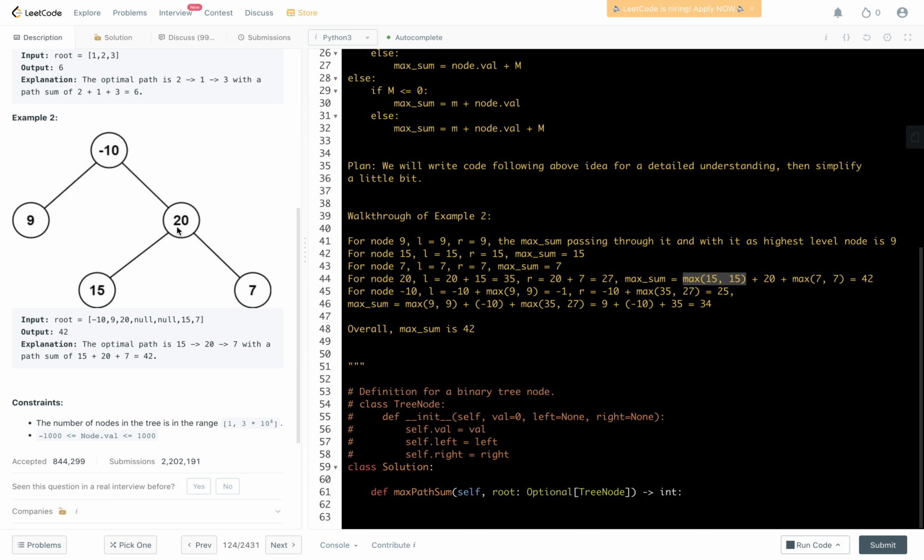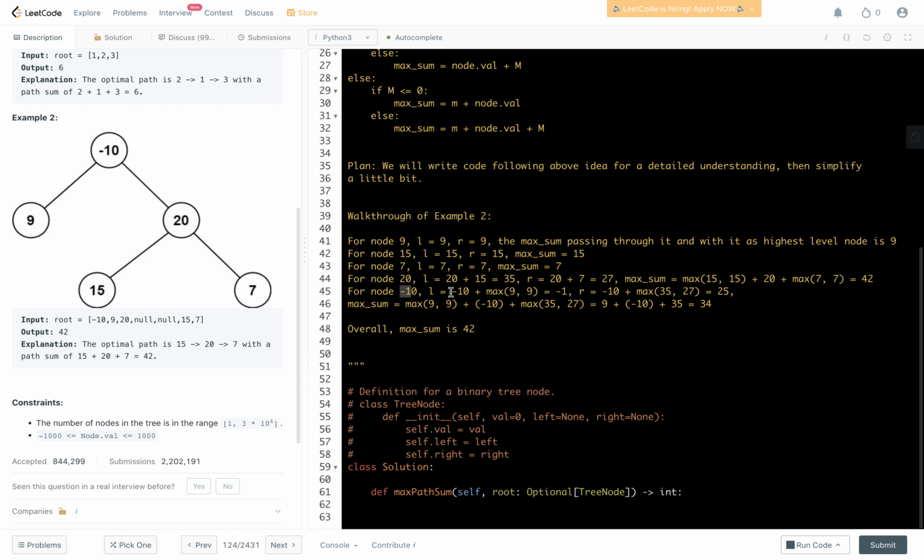That is 7, so we get 27. And the maximum sum is the max of 15 corresponding to this tree, plus 20, plus the max of the two pieces of information corresponding to tree 7. That is 7. So overall we have 42.